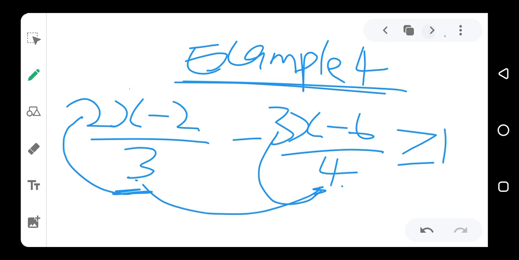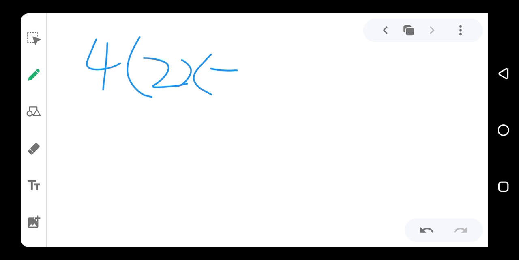So what we're now going to have is 4 brackets 2x minus 2, that is 12 divided by 3, which will give us 4.